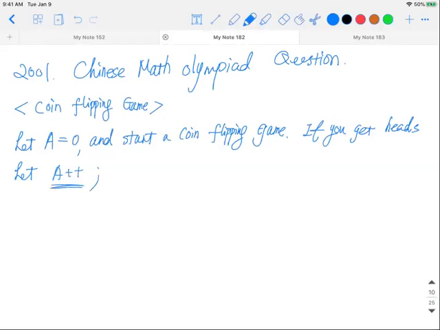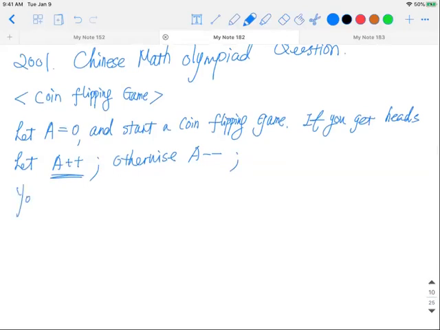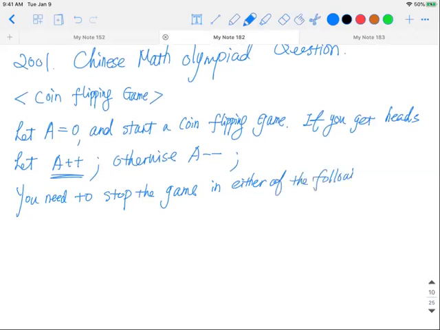A plus 1. Otherwise, A minus minus means A minus 1, right? You need to stop the game in either of the following scenarios.